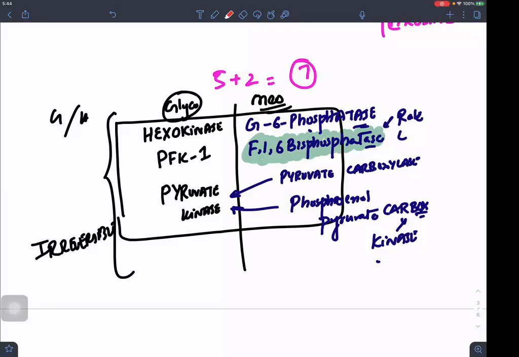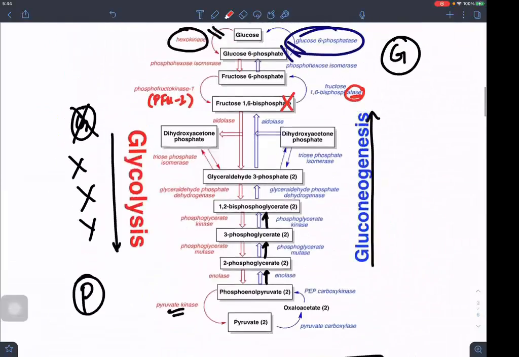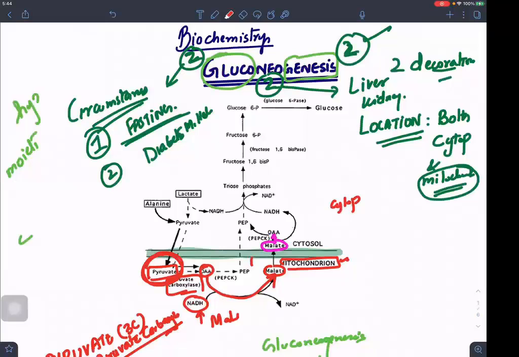We discussed all this yesterday. We had stopped where we came out from the mitochondria into the cytosol as malate, to be converted into oxaloacetate, and now we are in the cytoplasm.